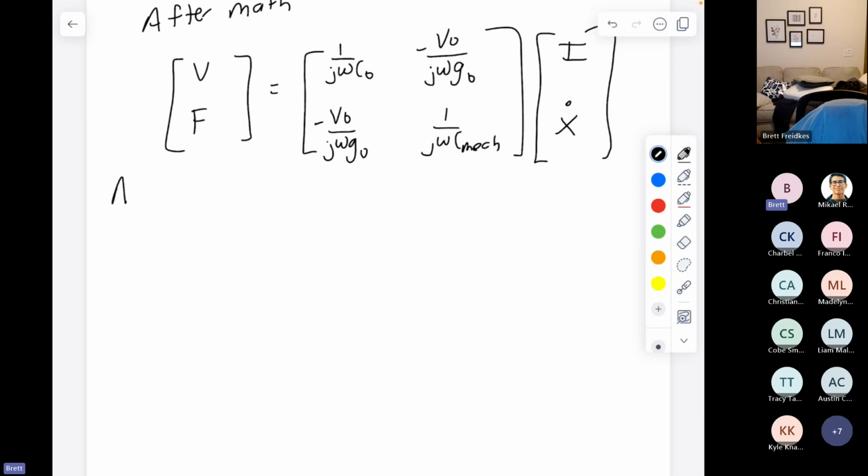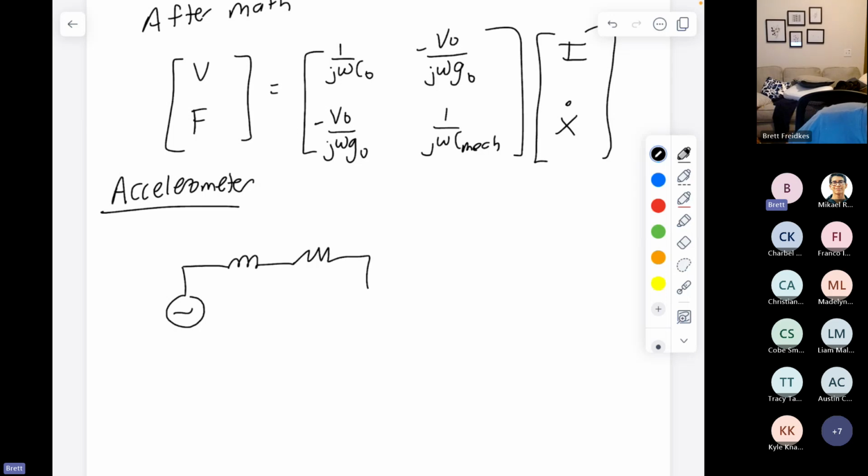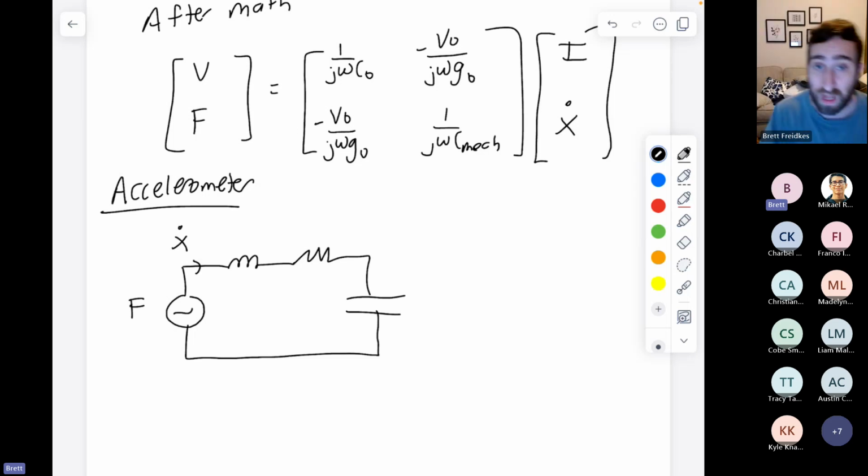But if we had an accelerometer, an accelerometer is taking in some force, there's some velocity associated with it, and it's like a spring mass damper system. It moves, everything's in series, just like a normal spring mass damper system.